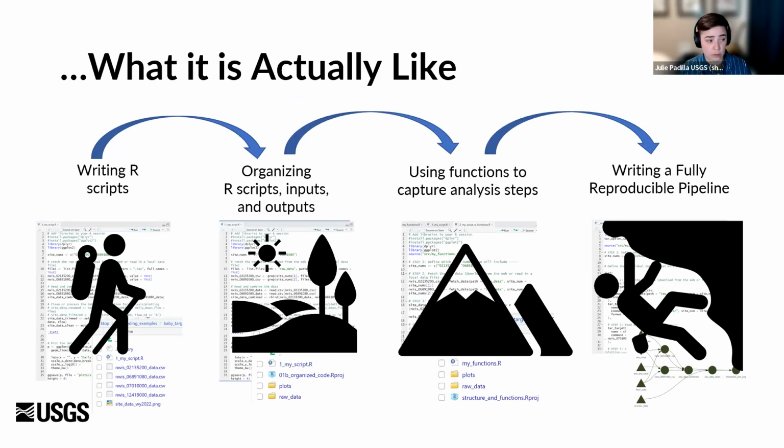The next step is understanding and organizing your scripts and your data inputs, and then the outputs you produce from that. Then the next step is taking all of that information and writing functions that are used to capture your analysis steps. And then those three pieces combined can be used to help you enter the world of fully reproducible pipelines.